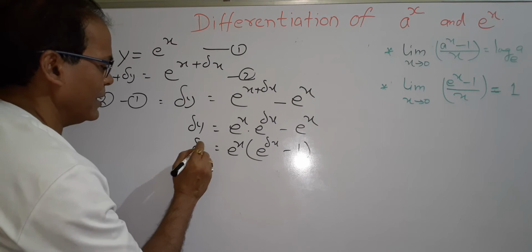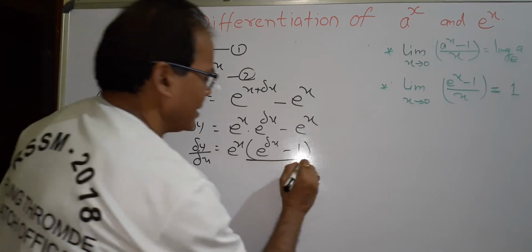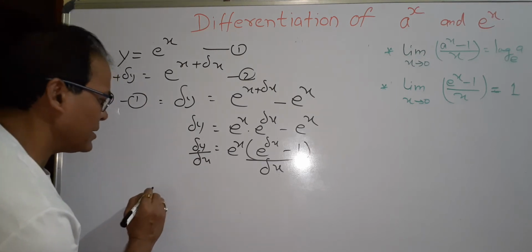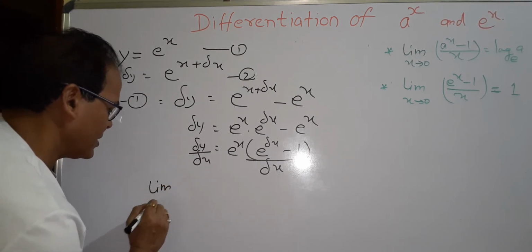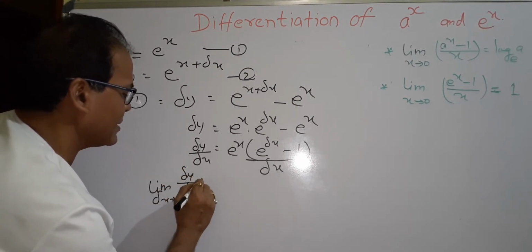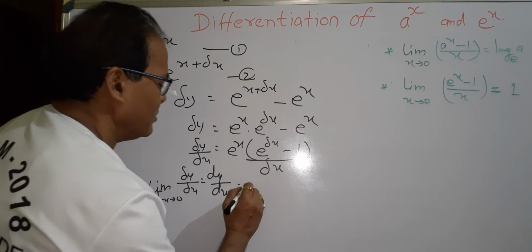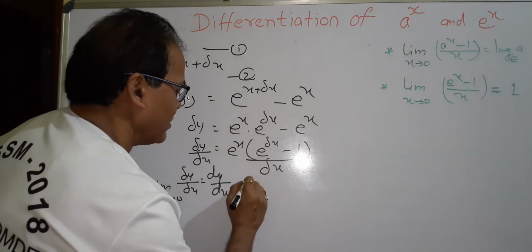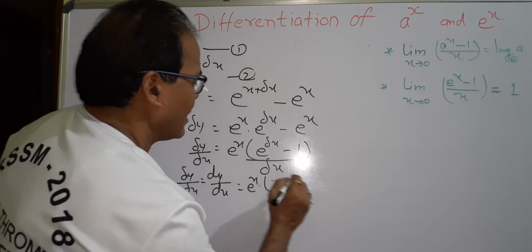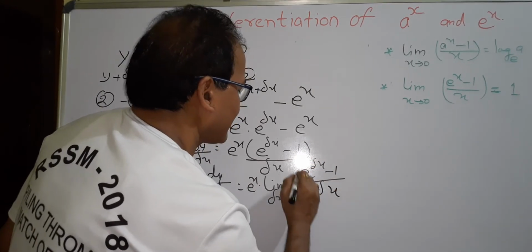If we divide by delta x, delta y by delta x, here also we divide by delta x. Then we take the limit: limit delta x tends to 0, delta y by delta x, that is dy by dx, is equal to e to the power x, limit delta x tends to 0, e to the power delta x minus 1 divided by delta x.